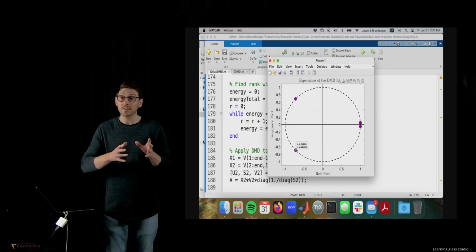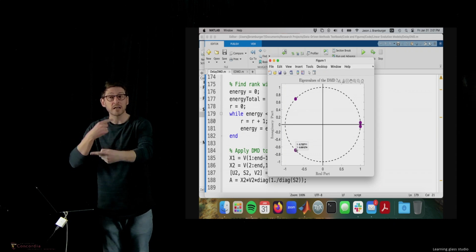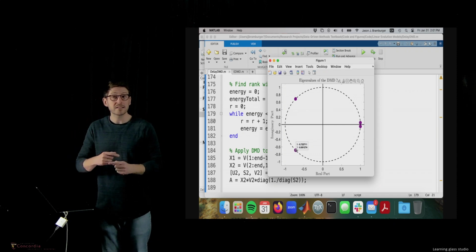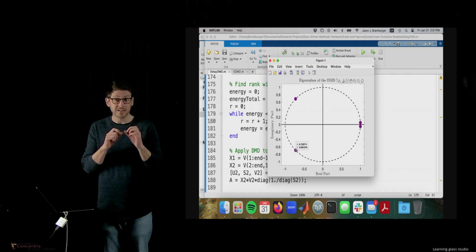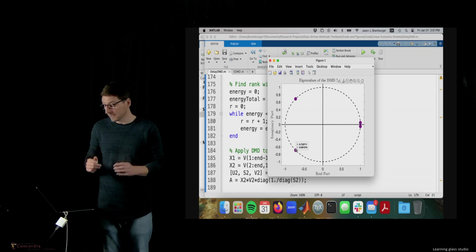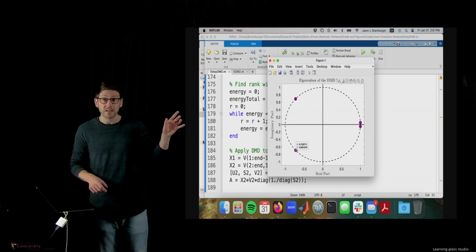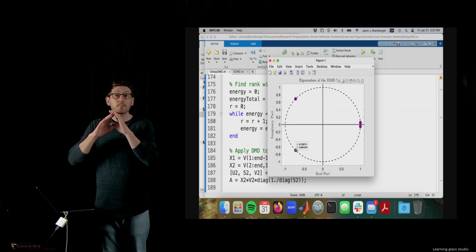This is no coincidence, right? Because eigenvalues on the imaginary axis give me rotations. That means that these projections onto these POD modes are in fact sines and cosines. They don't just happen to look like sines and cosines. DMD tells me that they are sines and cosines. I can reconstruct this signal perfectly.